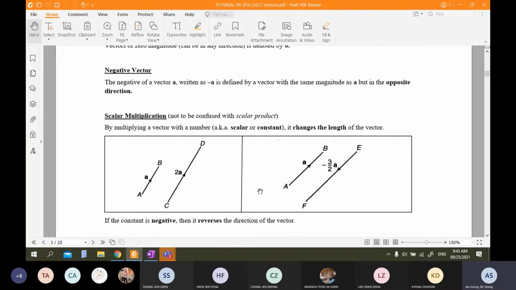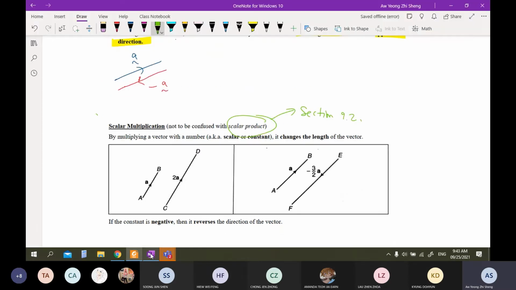So when we use the term scalar multiplication, what we mean is we multiply a vector with a number. In the chapter of vectors, we tend to use the word scalar to refer to a usual number.